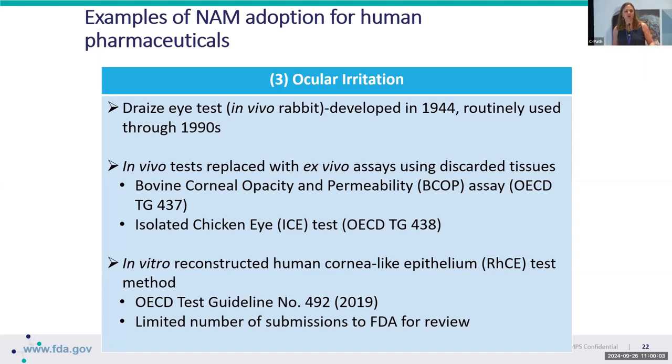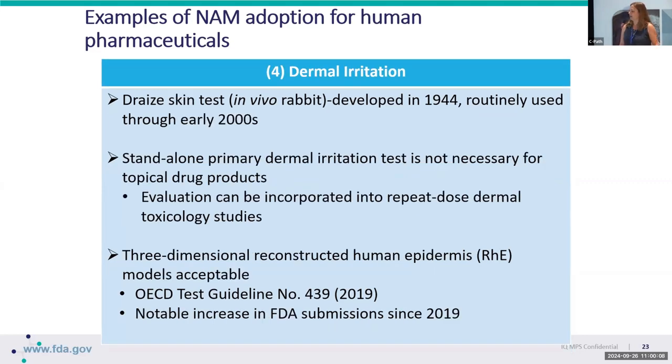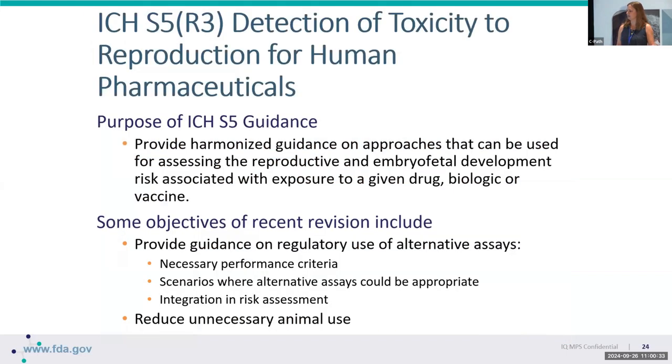Not to say that that's a requirement, but it definitely helps with our level of confidence. Dermal irritation is my last example. Again, the same Draize skin tests were done in animals years ago, and now we have various in vitro assays, including a more recent one, 3D reconstructed human epidermis models, which are acceptable now, and we have actually seen an increase in those.